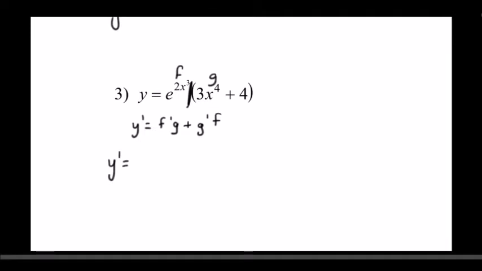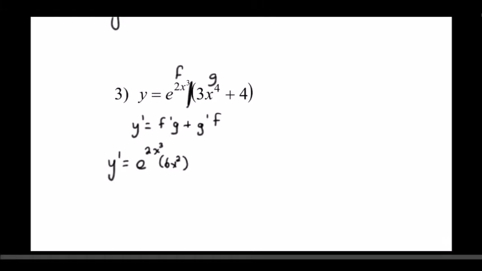So f prime is the derivative of this exponential piece of the function, and the derivative of an exponential is that exponential, so it's e to the 2x cubed times u prime, so that's 6x squared. That's f prime.